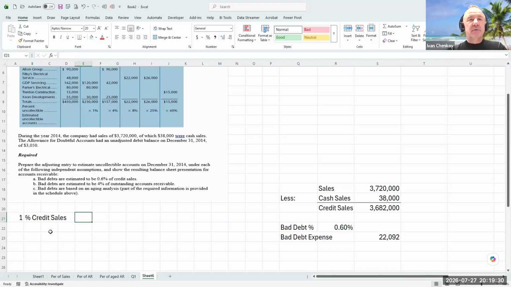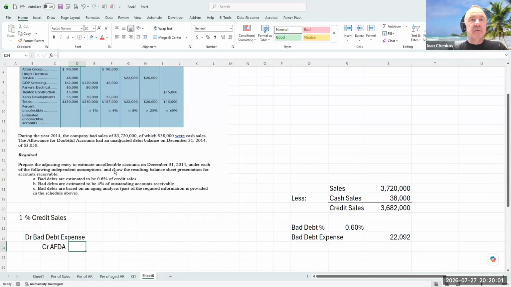What we're going to do in this case is the journal entry to record the bad debt expense. And we're going to have here debit bad debt expense, credit allowance for doubtful accounts for the amount of, get this one first, and leave some space here.